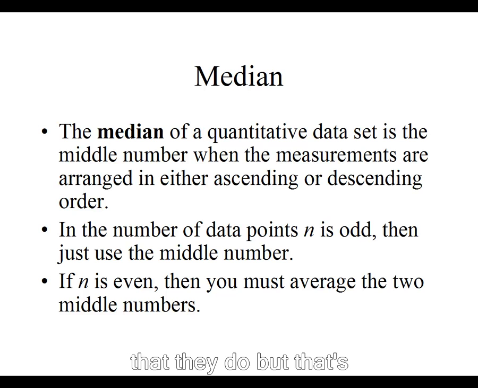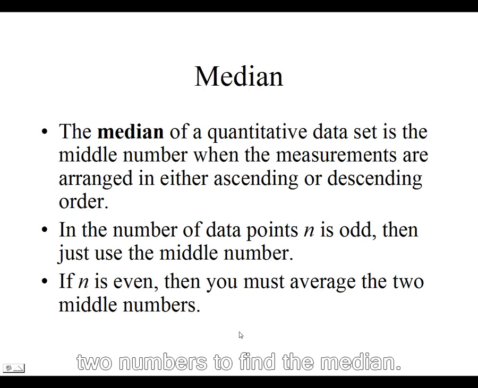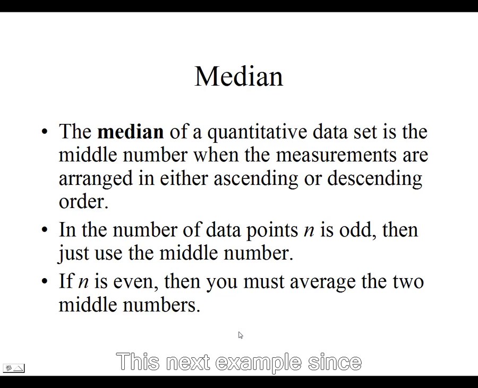It's possible, of course, that they do, but that's not the process. So again, N is the number of data points. If N is odd, you just find the middle number. If N is even, however, you must average the middle two numbers to find the median. And this next example, since we're going to use the same data, had only 6 data points, so we'll find the average of the middle two.